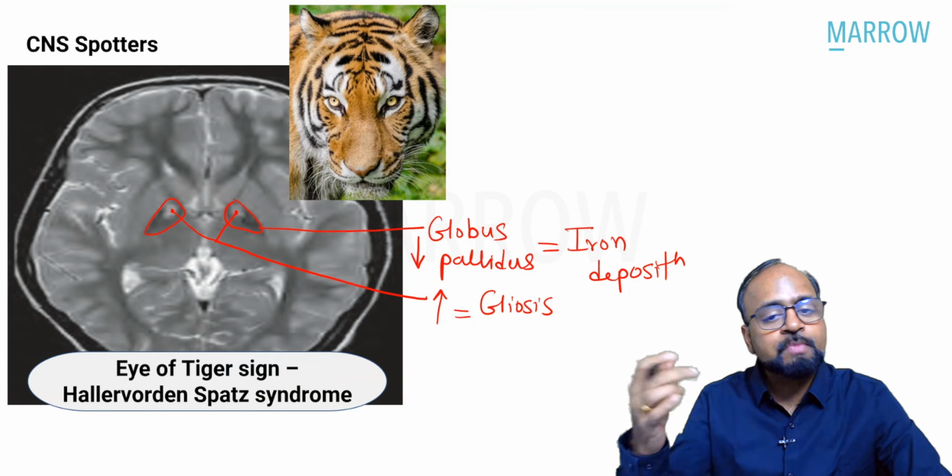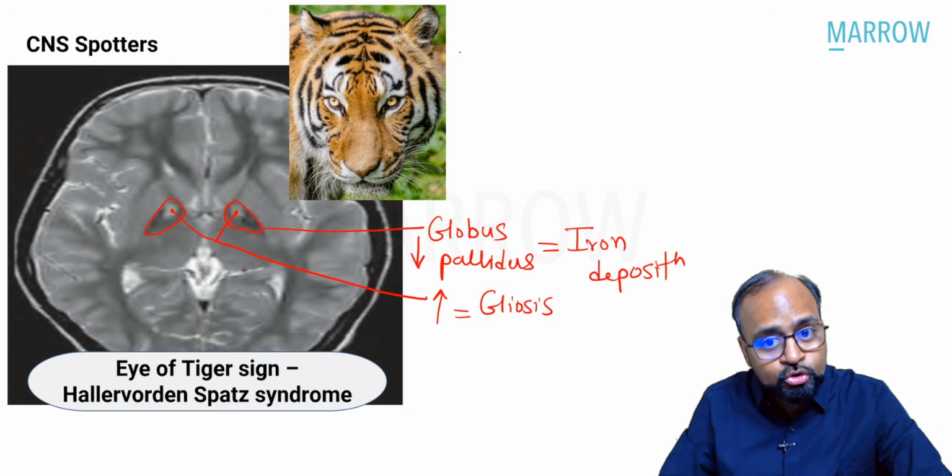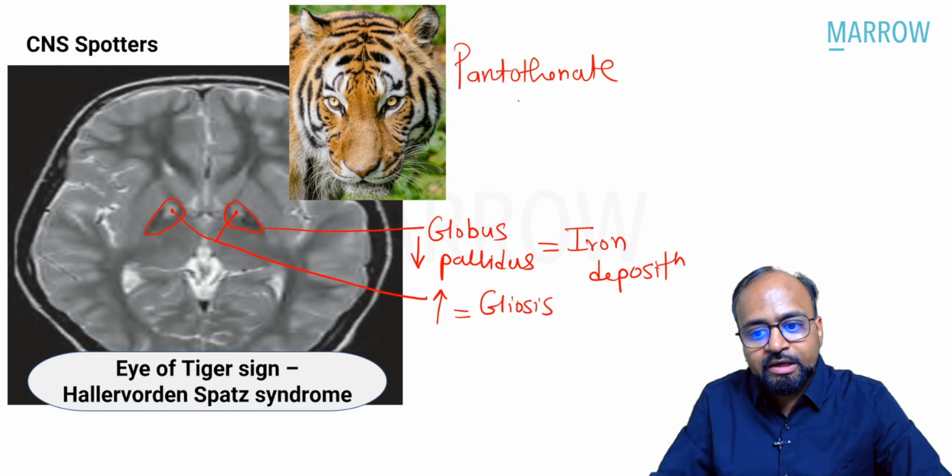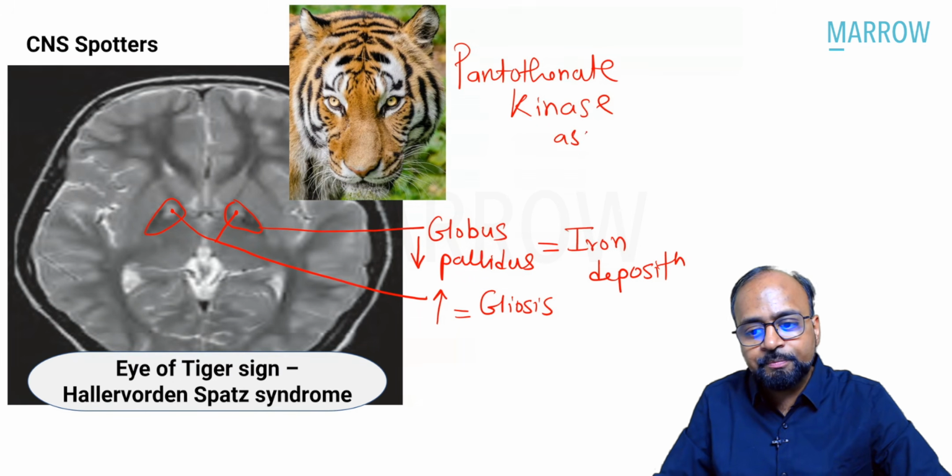Now Hallervorden-Spatz disease or syndrome is also called pantothenate kinase associated neurodegeneration.